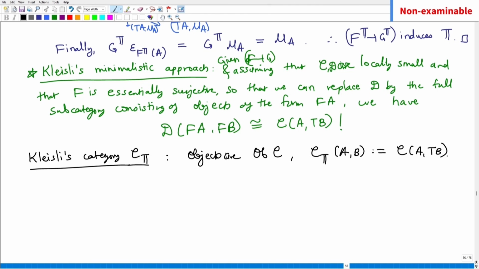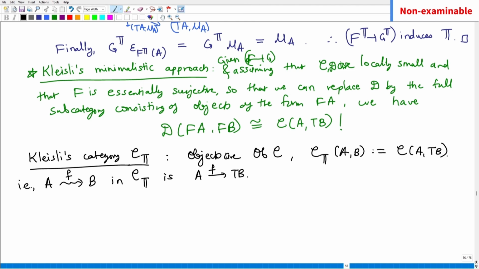I will call a morphism in C_T a zigzag morphism.